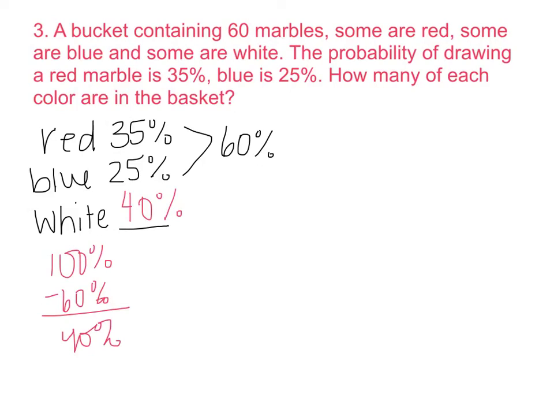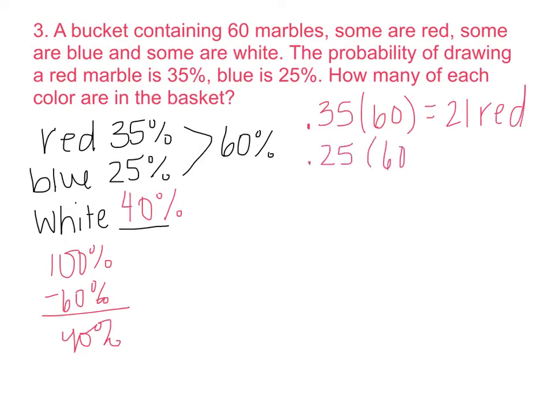So now we just need to take our calculator and multiply. So if 35% of our marbles are red, we're going to take 0.35 times 60, and that'll give us 21 red. Then we'll do 0.25 times 60, and that'll give us 15 blue.